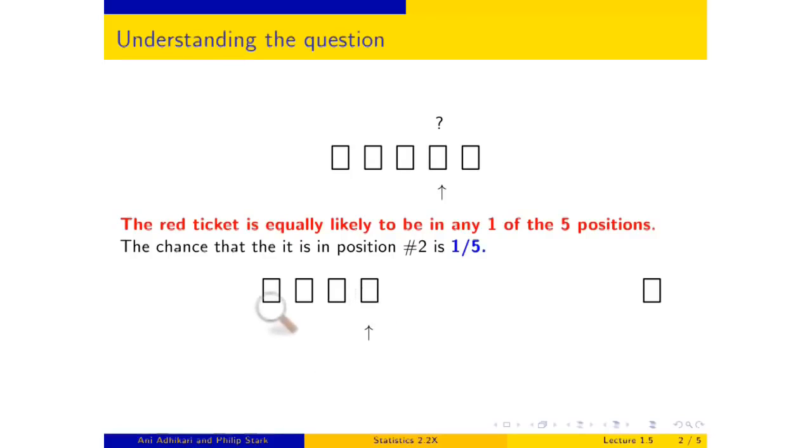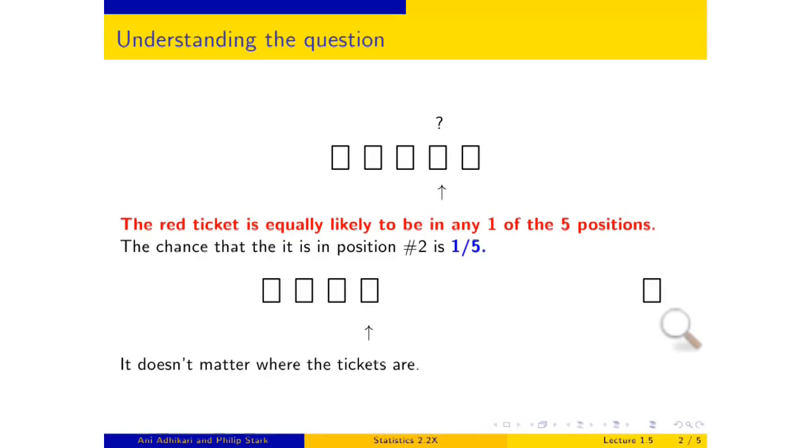It could be here, or here, or here, or here, or indeed all the way over here. It could be in any one of 5 available spots. Each of those spots is equally likely. It doesn't matter where you have put this ticket. What matters is that this ticket exists. And that red ticket could have gone in that spot.